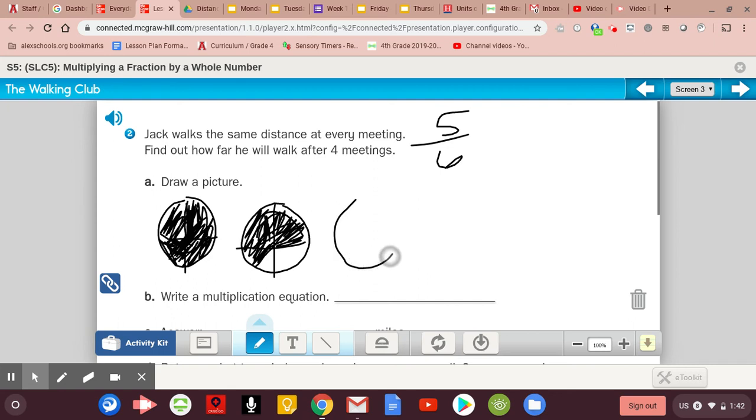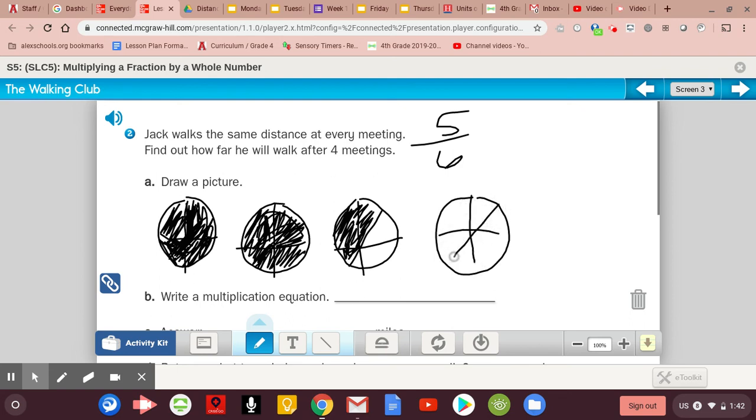I'm going to add another circle and I'm going to do another meeting. This is meeting number 3. Divided into 6. And I need to color in 5 of them. 1, 2, 3, 4, 5. And one more meeting because he went to 4 meetings that day.